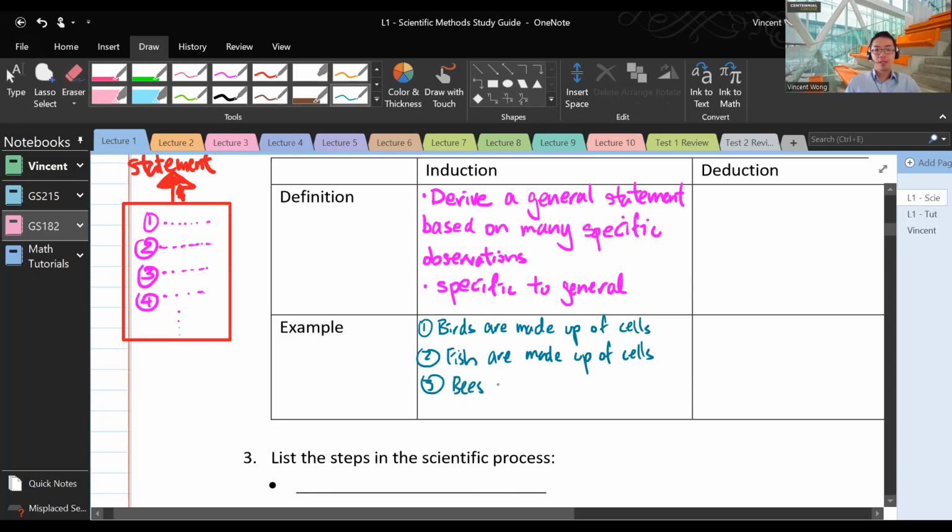Bees are made up of cells. So these are specific examples. So what's the general statement? Obviously you're going to need more examples, but I hope you get the point. So the general statement would be all animals are made up of cells.